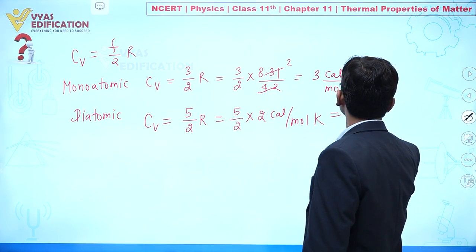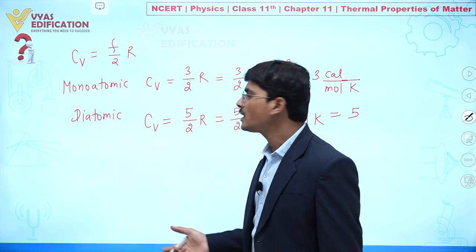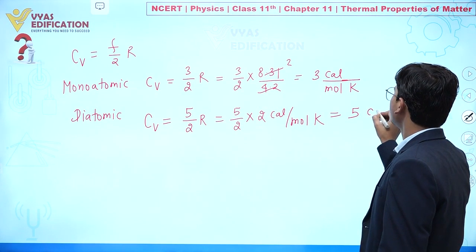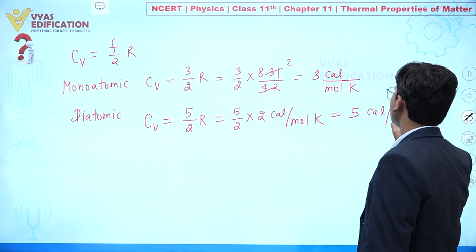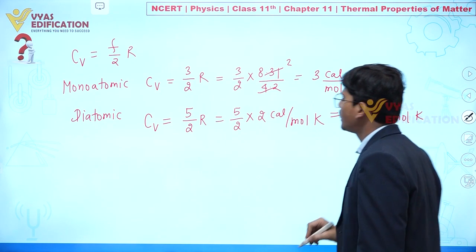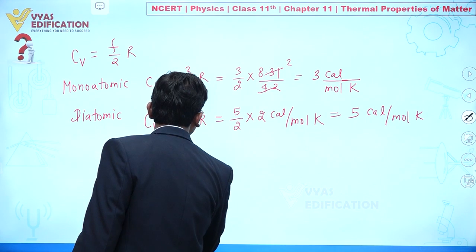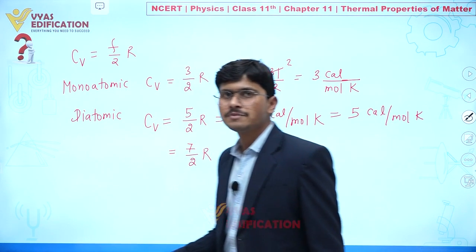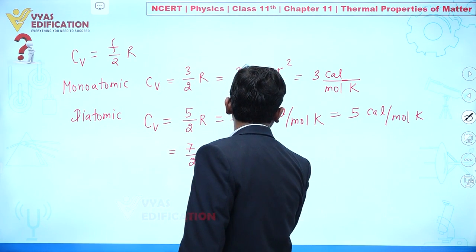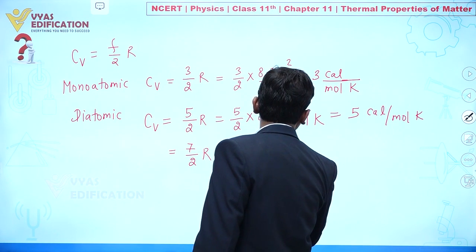From here we can say for diatomic gases at normal temperature you will find this value near about 5 calorie per mole per Kelvin. And if you also include the vibrational degree of freedom, then the degrees of freedom become 7. At that time this is near about 7 calorie per mole per Kelvin.